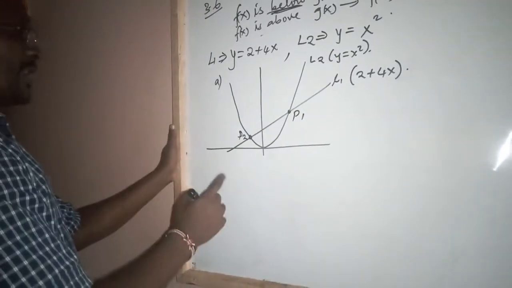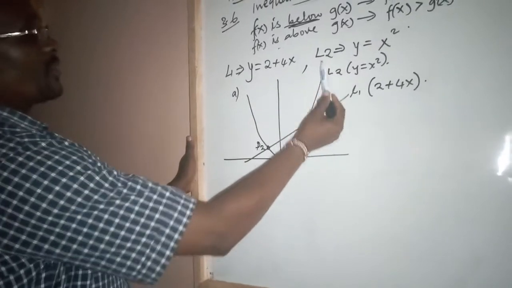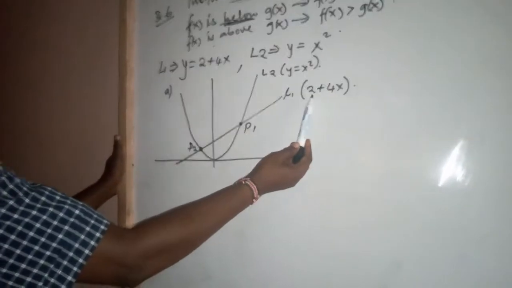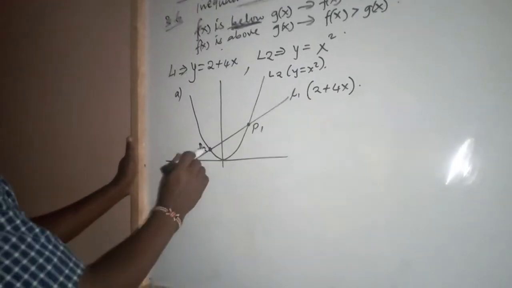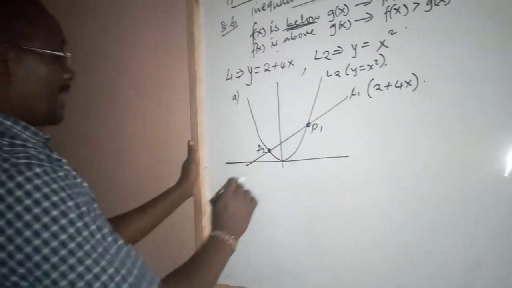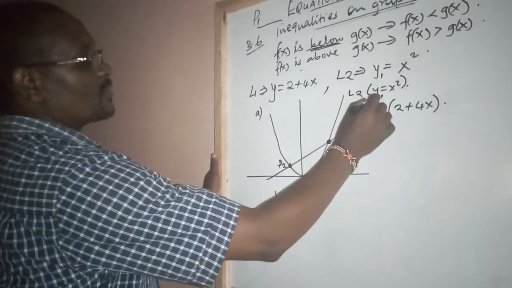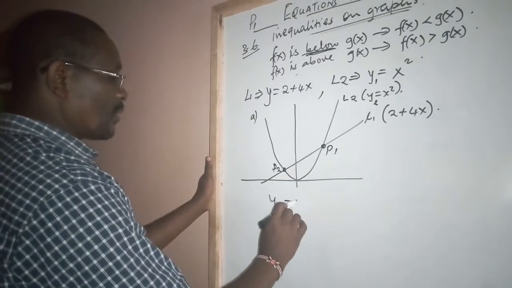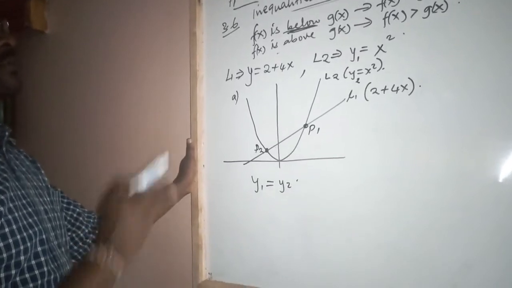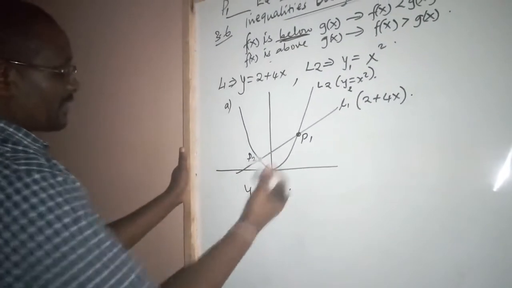Because L2 was y equals x squared and L1 was 2 plus 4x, at these two points the y values are equal, because both equations give the same values of x and the same values of y at the two points of intersection.